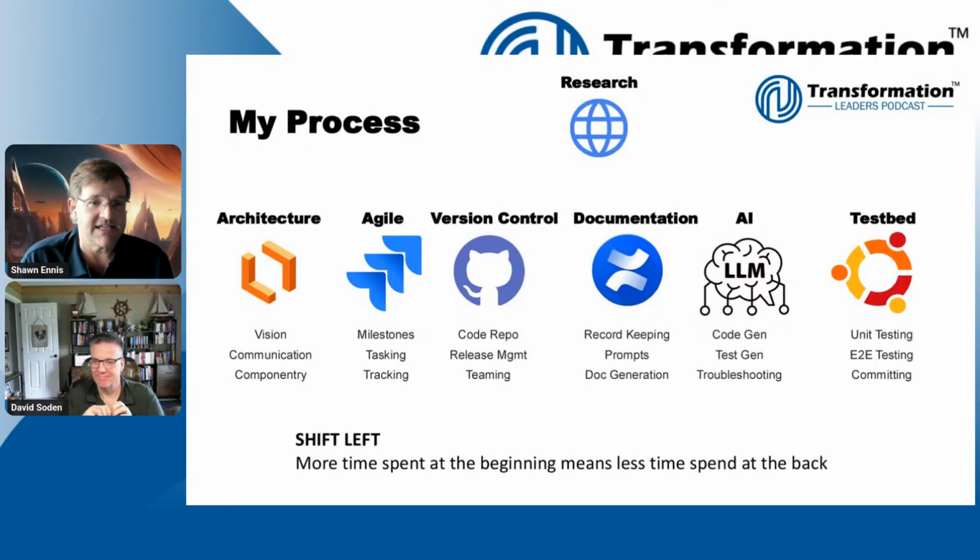So you want to constantly be using these tools. Documentation, record the prompts that you're using because you'll probably have to reuse them again. Be smart about it. Make sure you have, as you're going along, generate the documentation that you need.